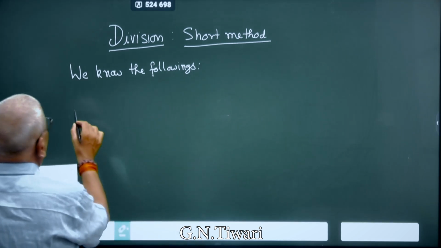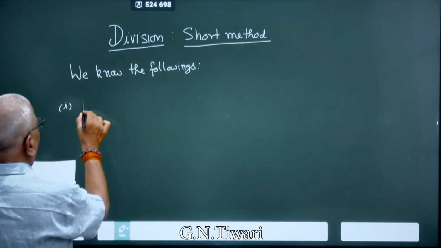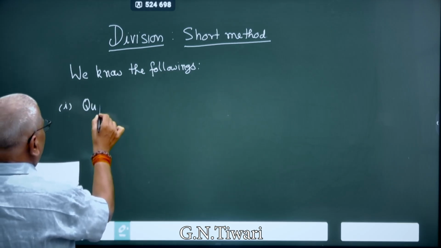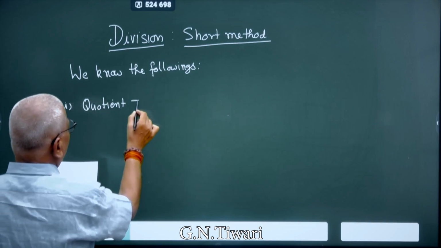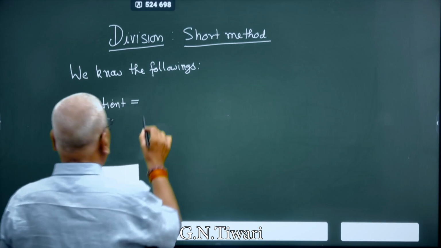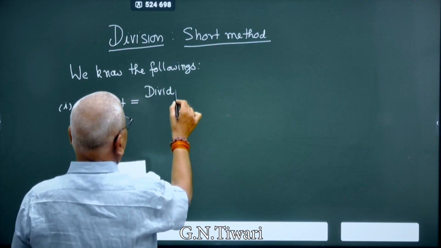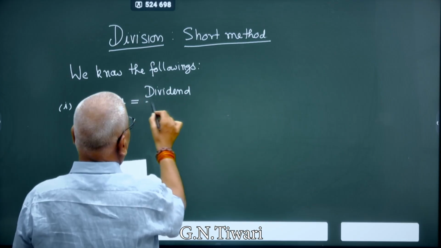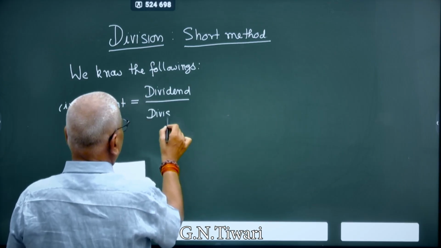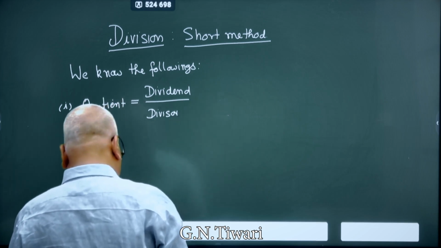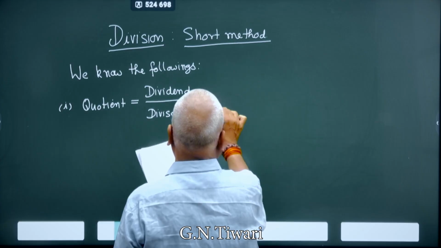Now, first, quotient is equal to dividend upon divisor. And basically this is the division fact.